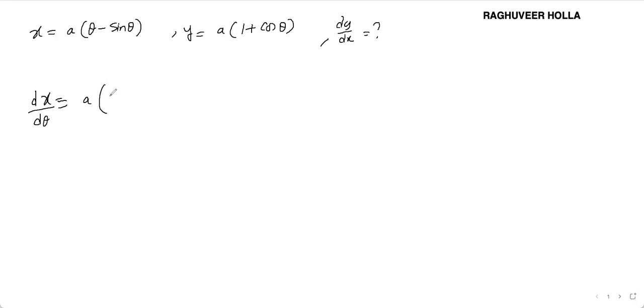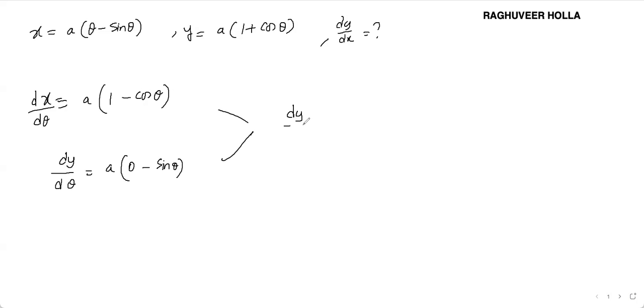So with respect to theta, this is 1 minus cos theta. Now dy by d theta, this constant, so this by 0 minus sine theta.